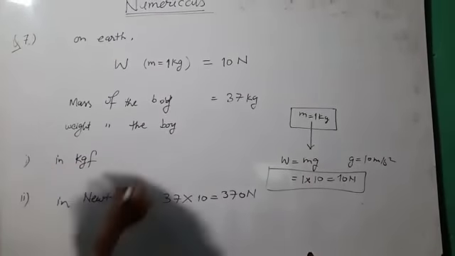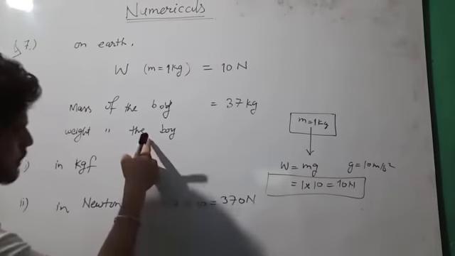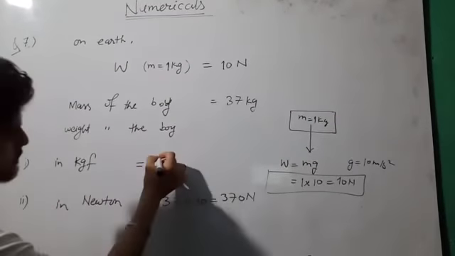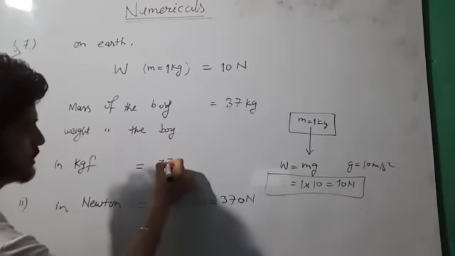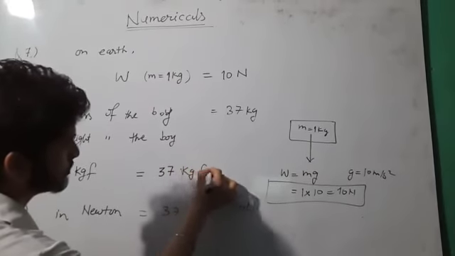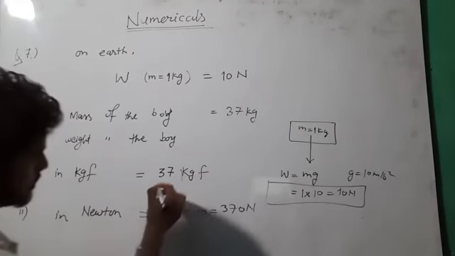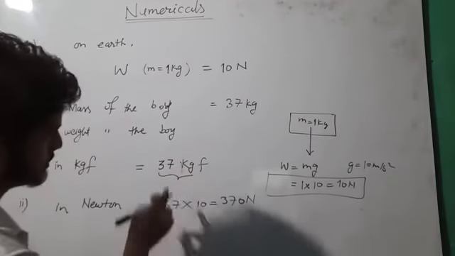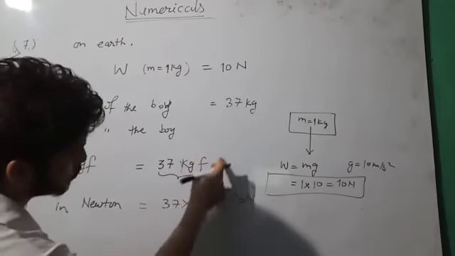Now we have to find out in kgf. In kgf, the mass of the body is 37 kg, so the weight of the body in kgf is 37 kgf, where kg is the mass and f is the force of gravity.